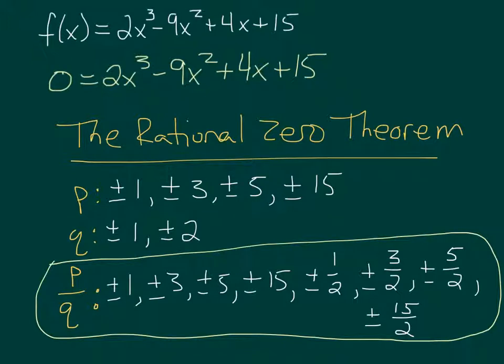There's a lot, right? 1, 2, 3, 4, 5. There's 16 possible rational zeros here. And so our only option right now is to start doing synthetic division with these and the original function and see what happens. So we're going to use the rest of these theorems to help narrow it down.